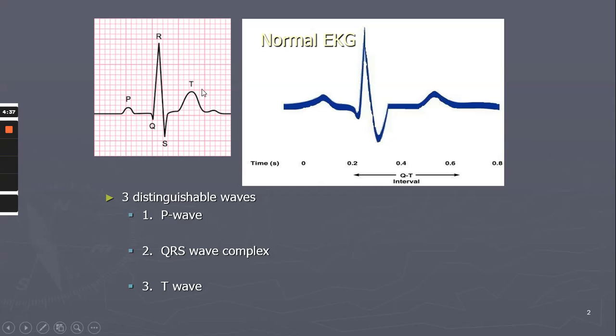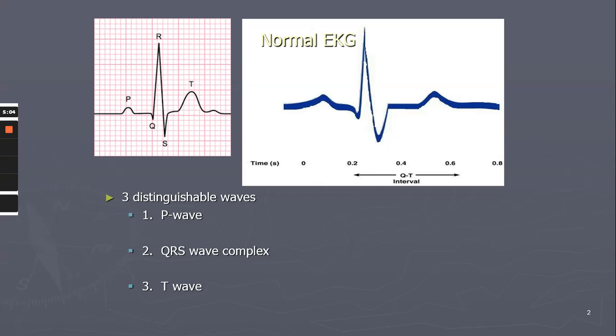All right, the T wave. The T wave is ventricular repolarization. That's going to remind you of the graph that we saw on the phases of the action potential. You learned about repolarization there. And this is when the ventricles repolarize.